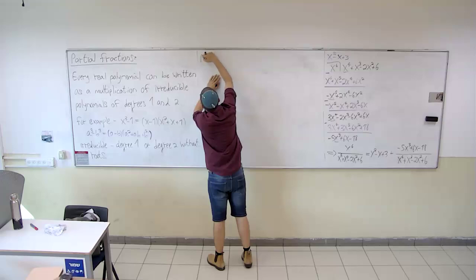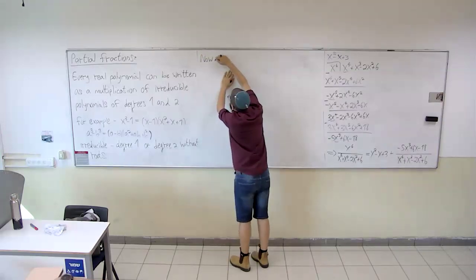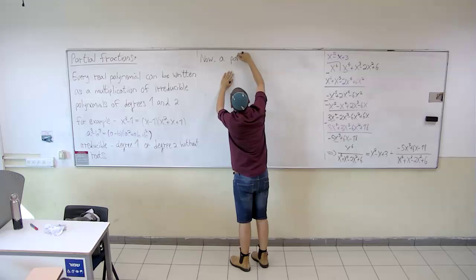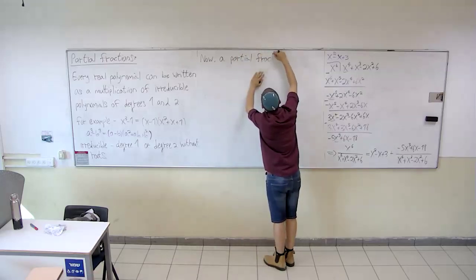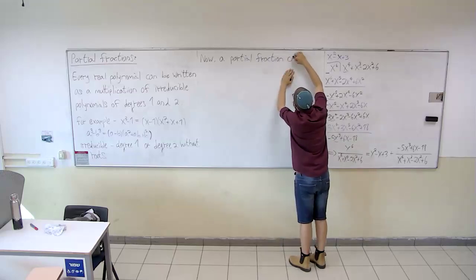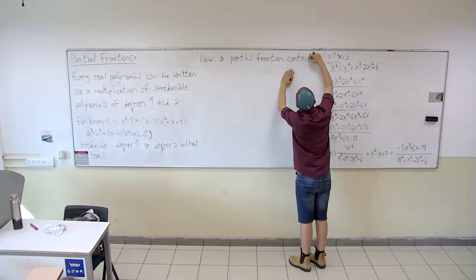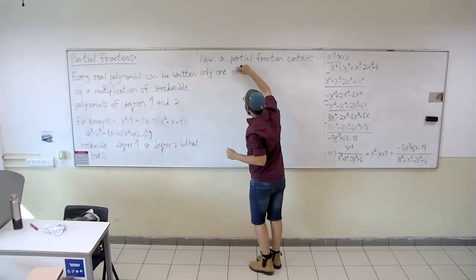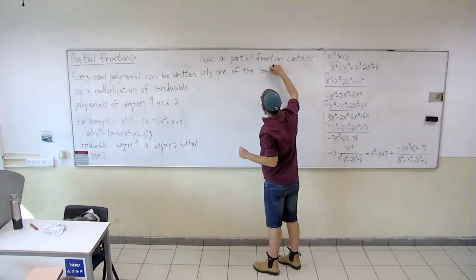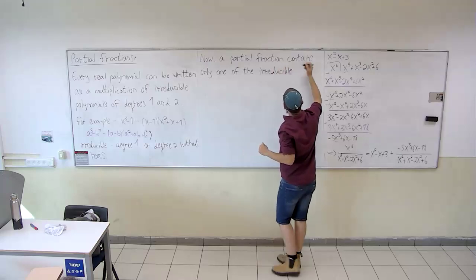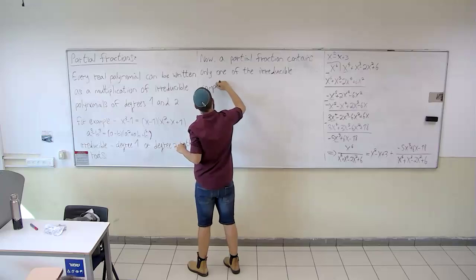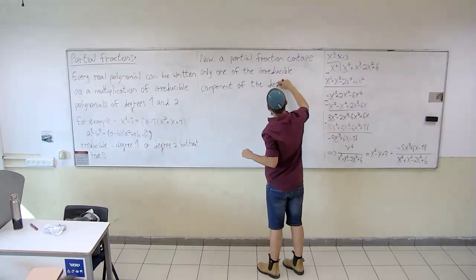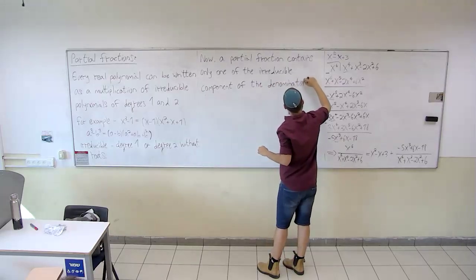Now I want to write it down in the example, and we finish. A partial fraction contains only one of the irreducible components of the denominator.